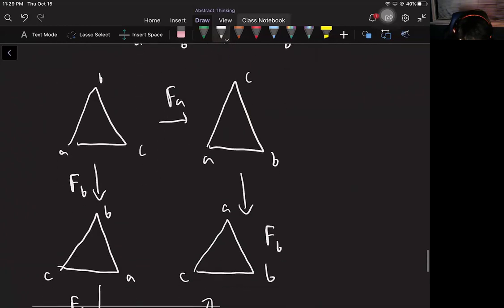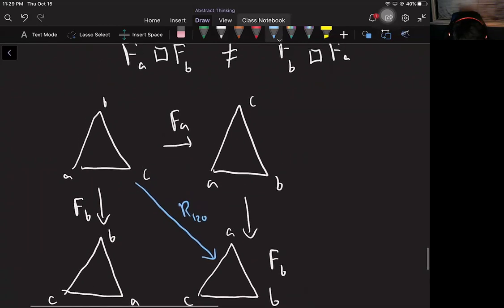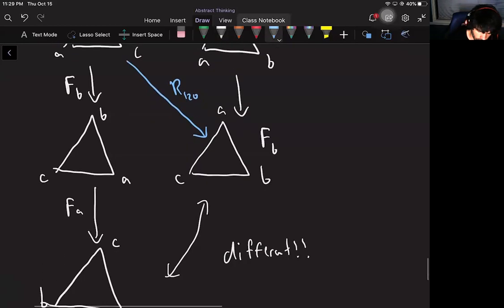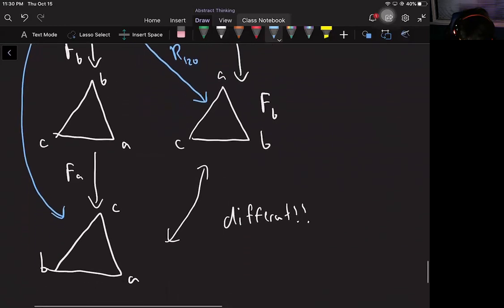So let's figure out what they are. So doing flip A, then flip B is the same as what? So how can I go straight from there to there? I believe that's just rotating by 120. Yes, it is. So this guy is rotate by 120. If I want to go from here to there, flipping B, then flipping A, what is that the same as?